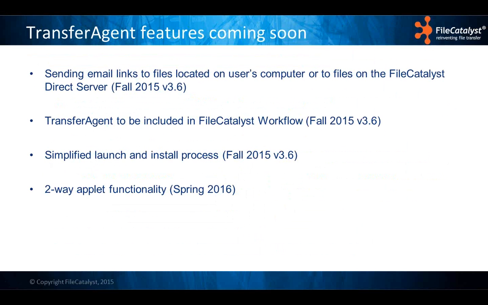The first big change is that we're not only building the upload and download tool and replacement for Java applets, we actually built also the ability to send email links to files that are sitting on a FileCatalyst server, and those files then can be downloaded with acceleration. Same thing if a user wants to send a local file by email, they can do it without attaching the large file into the email. It's just a link that is sent.